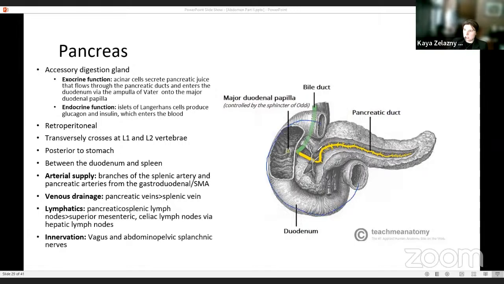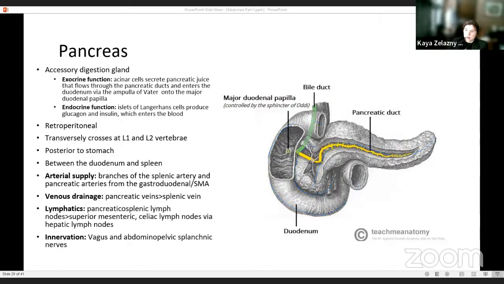And we mentioned that the head of the pancreas is snuggled right up in that C shape of the duodenum. So in this image, we're posterior to the stomach for basically all of it. We see this head of the pancreas. And as we move out towards the tail of the pancreas, we'd be going up towards our spleen, pretty much. Okay, so you'd locate it transversely between the duodenum and spleen at about the level of L1, L2.